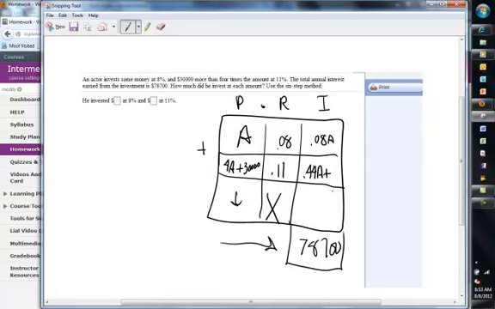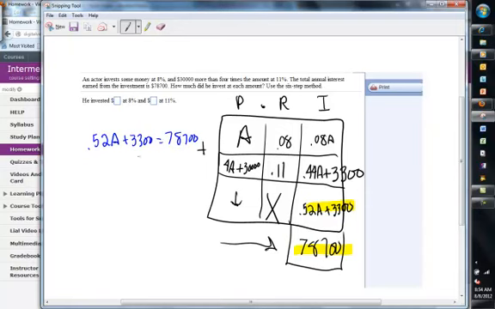Plus 30,000 times 0.11 is 3,300. Okay, and you add those two together, you get 0.52a plus 3,300. And remember, we're going to make these two equal to each other. So it'll be 0.52a plus 3,300 equals 78,700.